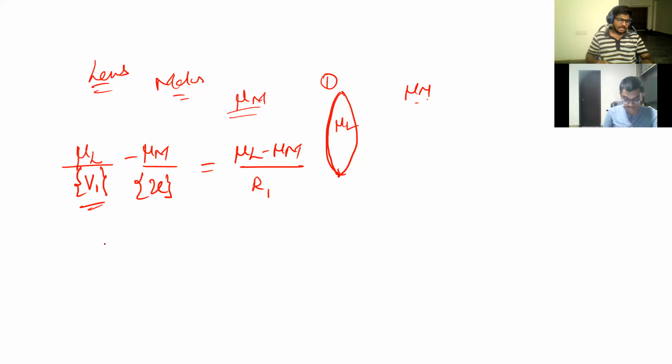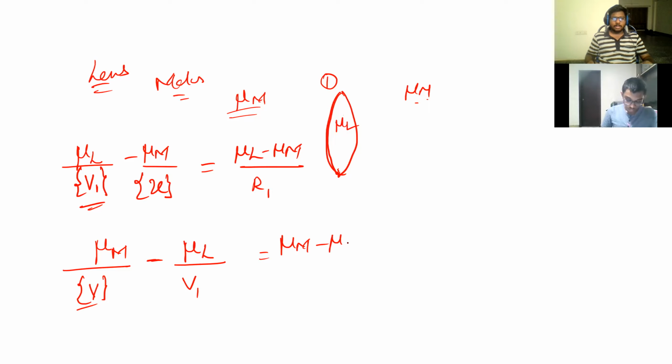Then for the second surface, we can write mu M by v, now comes the final image after the second surface, minus mu L by V1, the first image distance which becomes the second object distance, is equal to mu M minus mu L divided by R2.